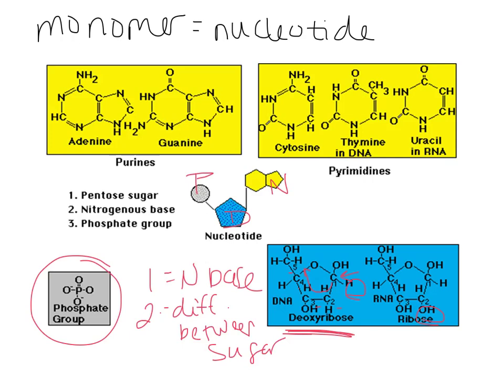Carbon number 3 is where the next nucleotide will attach. That becomes extremely important in a little bit when we're talking about replication. So this carbon down here in the corner is where the next nucleotide will attach. And then carbon number 5 out here, that's where the phosphate group will be able to attach to it.